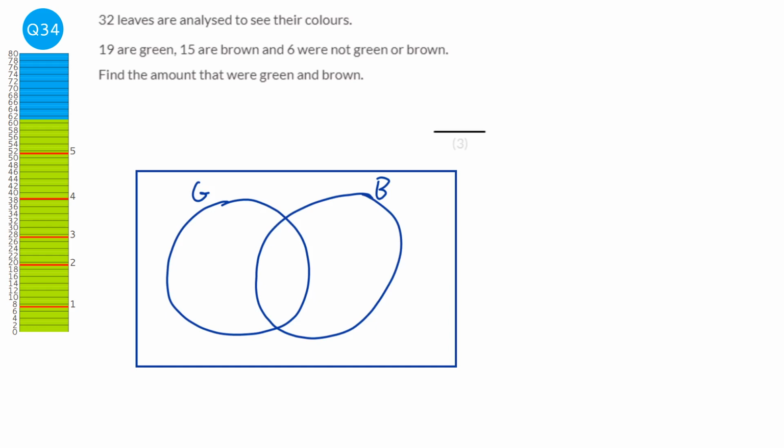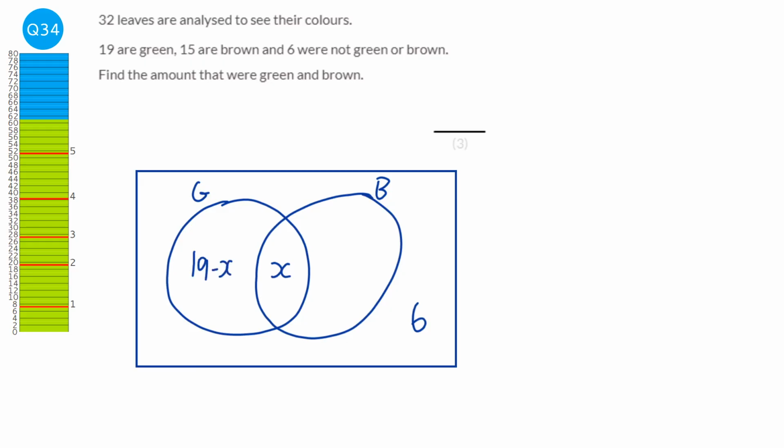So the only number we can put in is the 6 on the outside of the Venn diagram. We're told that 19 are green, but we don't know which, either they're in here or a bit of both. So what we can do is label the center X, and we can say that there are 19 take away X just green, because they could have been both green and brown.